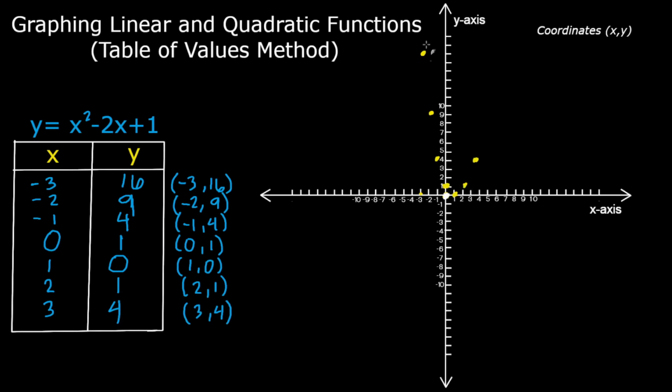So, kung mapapansin nyo, mayroon na tayong nabuo na parabolic shape. So, ito na yung rough sketch ng x squared minus 2x plus 1 equals y. Okay, so ito na yung nakuha natin na plot or graph ng quadratic function na to. Okay?